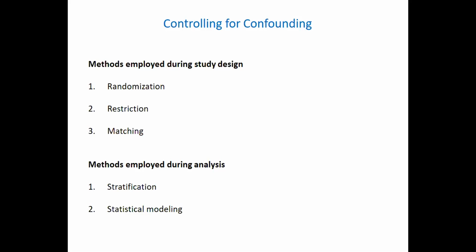And there are two ways of doing that. Stratification, that is, you split the data set into different strata. Like for example, if it is smoking, smoking and not smoking. So you analyze for people that are smoking, you analyze for people that are not smoking.